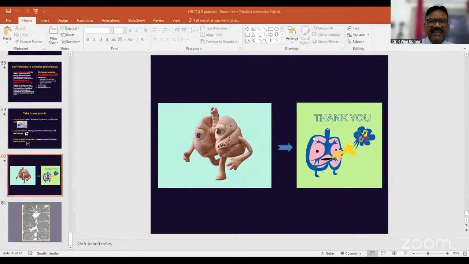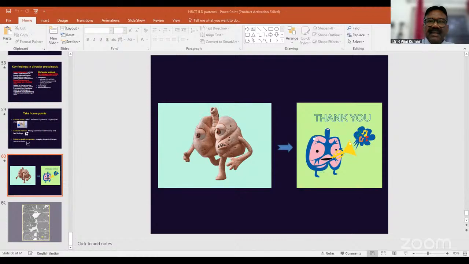As clinicians, all of us are supposed to take a very meticulous history and a meticulous physical examination. Not all diagnosis depends solely on the HRCT. For example, IPF, idiopathic pulmonary fibrosis, is based on a meticulous clinical background.